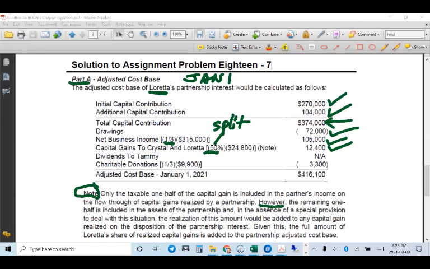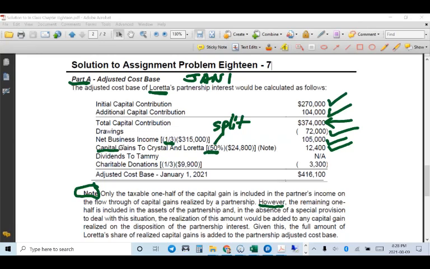But we're not worried about that in this question. What we're worried about is how much of that is going to Loretta. 1/2 of it is, and the whole thing's staying in. When we do it to this account, we just add her whole capital gain amount. So this is capital gains, not taxable. So we don't have to take 1/2, 1/2.